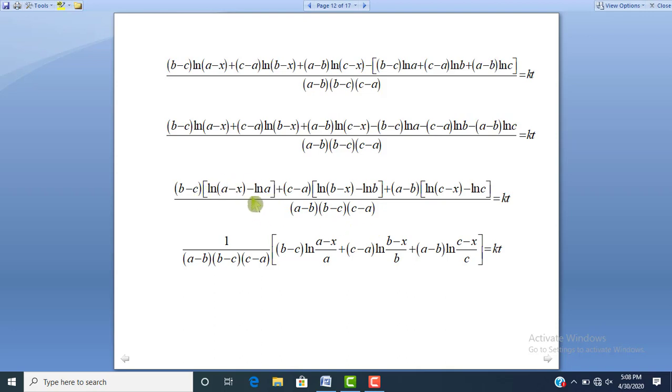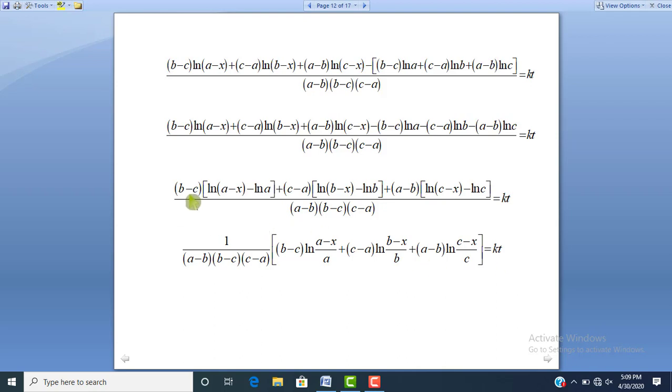Similarly, by applying the logarithm rules, this equation will be 1 over a minus b into b minus c into c minus a, b minus c natural log a minus x over a plus c minus a natural log b minus x over b, plus a minus b natural log c minus x divided by c is equal to kt.